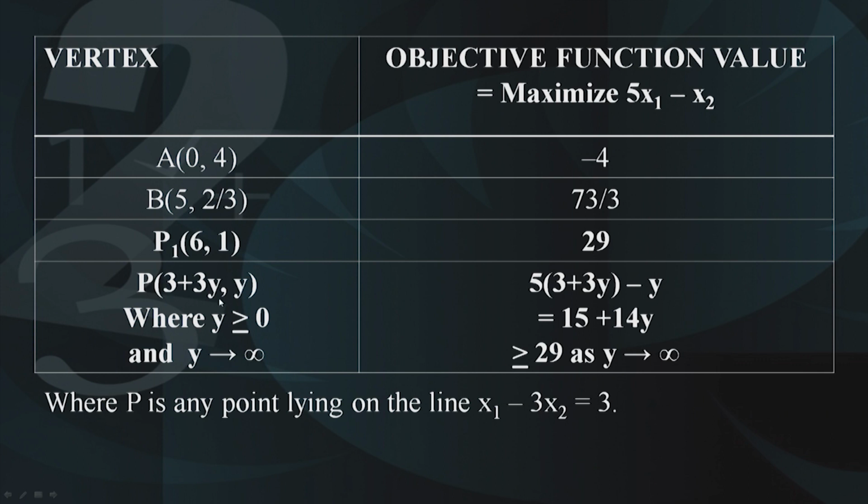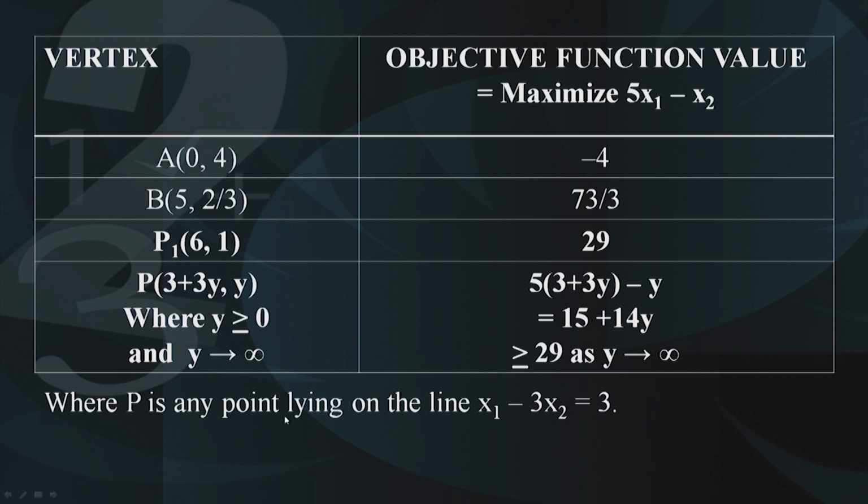This will be the general form of any point lying on this line segment. If you substitute this point P in the objective function 5x1 minus x2, you will get 5 times (3 plus 3y) minus y, and that comes out to be greater than or equal to 29.